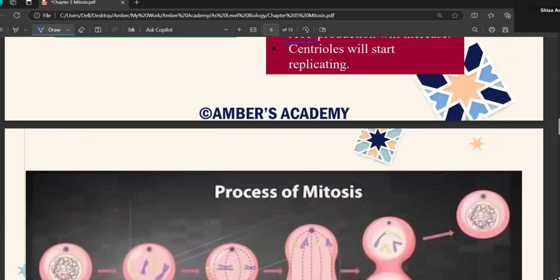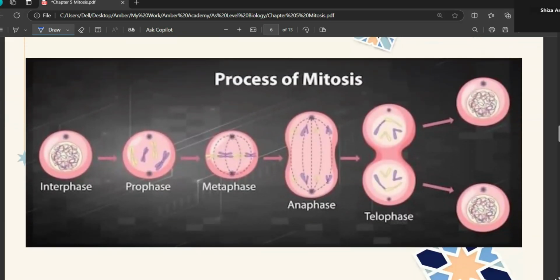So now let's move to the process of mitosis. This picture is very important for you because the question to identify these stages usually comes in, I think, P2. Yes, it's P2. This is a very favorite question of your CIE examiners.